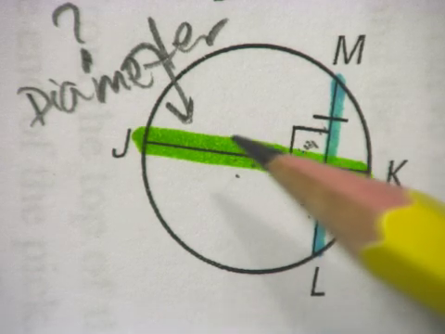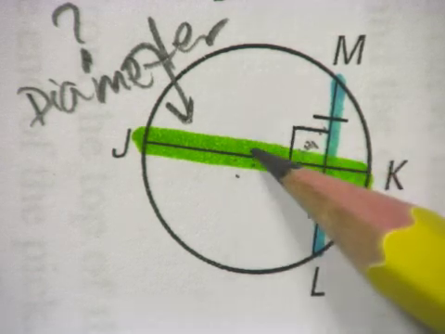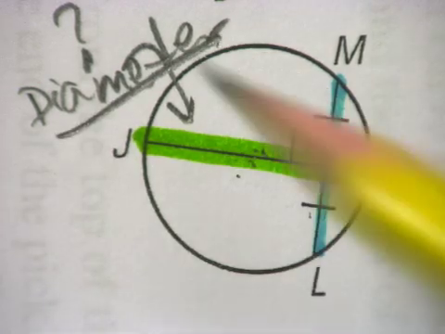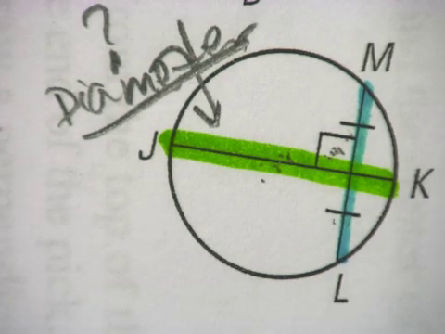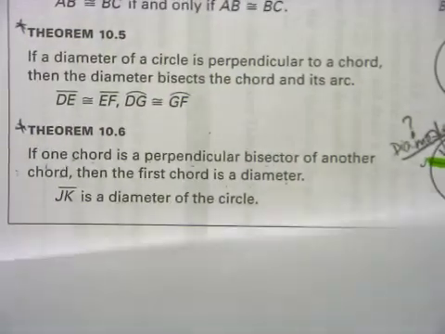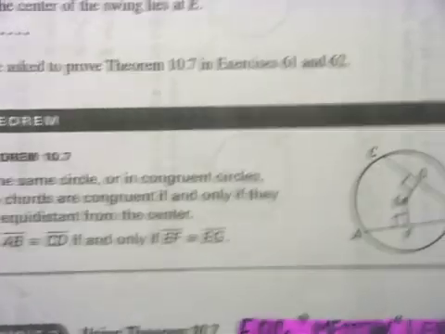So if this green chord is bisecting this blue one and making 90 degrees with it, then you know for certain that it is a diameter. That is our fourth rule.